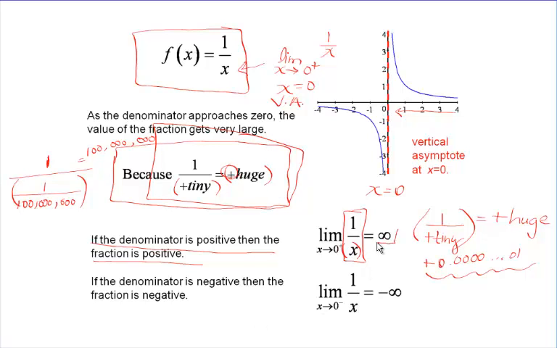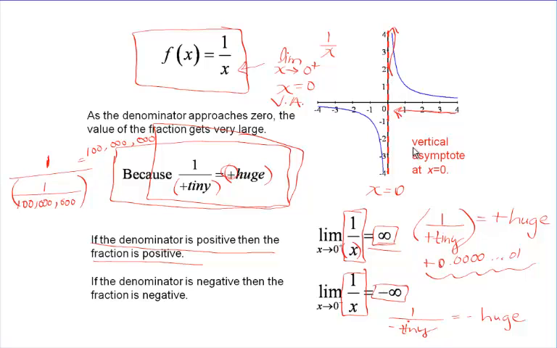Positive huge, in the idea of a limit, is positive infinity. So this tells me that as my input values approach 0 from the right, my output values are headed to positive infinity. That's what that result means. And the same thing here. If I put negative tiny values in this function, it's going to yield negative huge values as outputs.